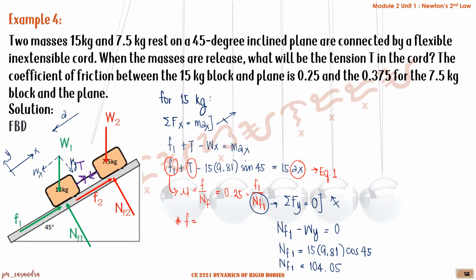So NF times 0.25. F1 now is equal to 26.01. So we could substitute this in the equation.